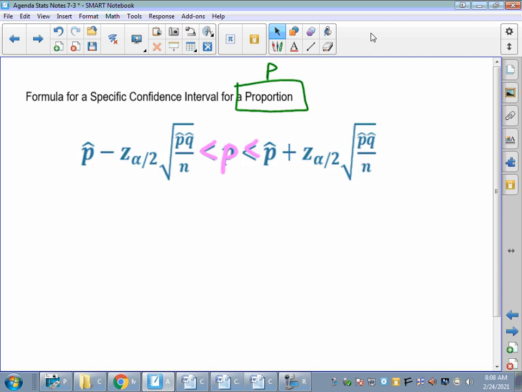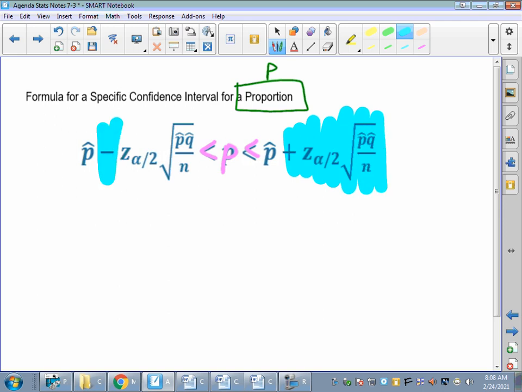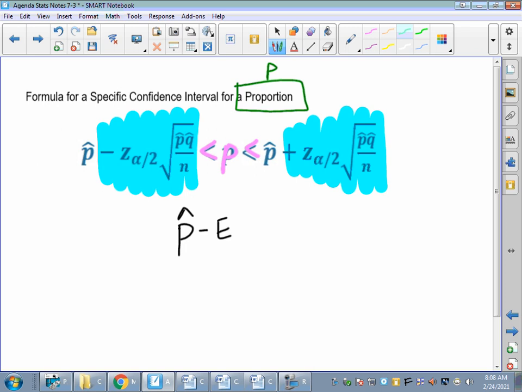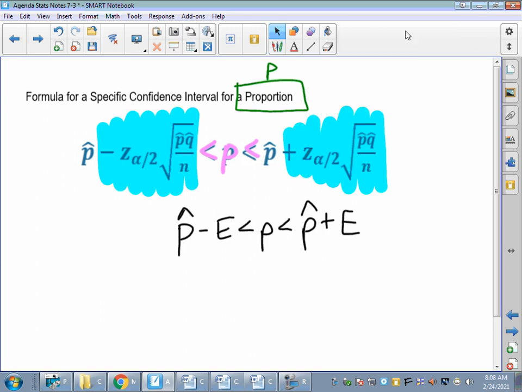So we do our p hat plus and minus our margin of error. So here's our margin of error, add. Here's our margin of error, subtract. I don't know if I've written it this way before, but I could say p hat minus E and p hat plus E, if you like that as well.